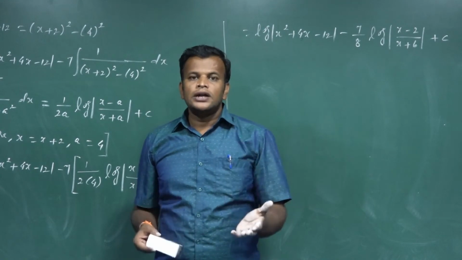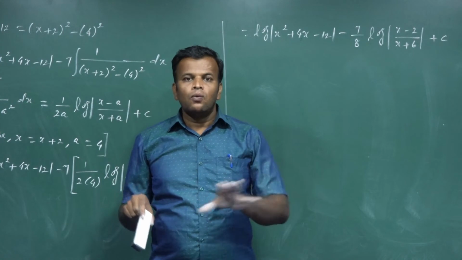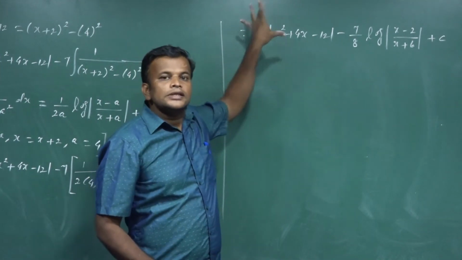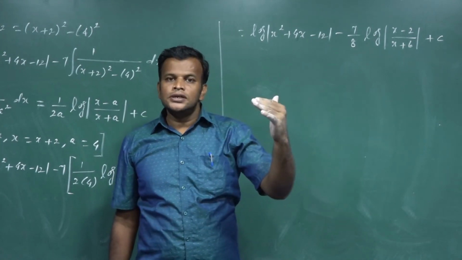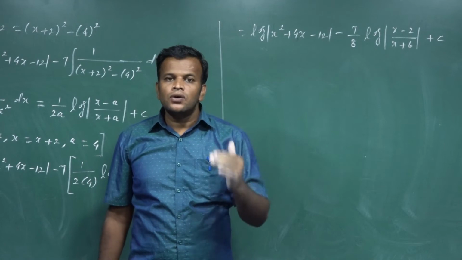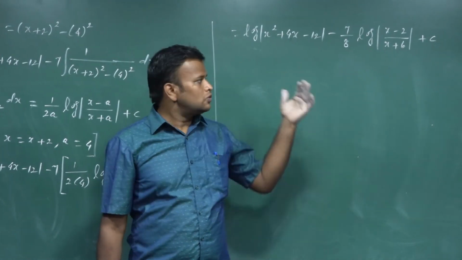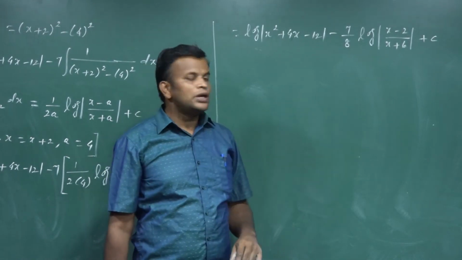Substituting those values, the numerator becomes two parts. Then we split: one part is already in the formula form, and the second is of the form where the numerator is a constant and the denominator is a quadratic polynomial. That is the previous exercise model, and we do the same work.